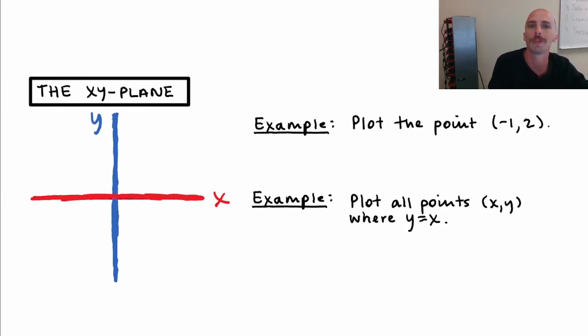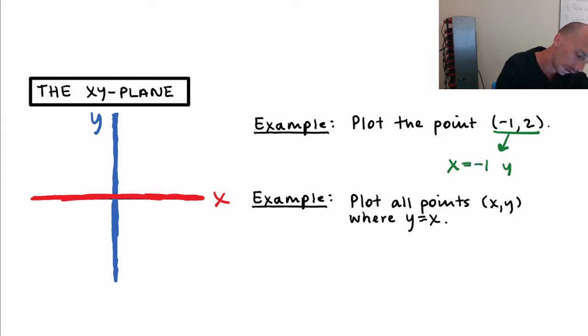The first order of business, we have to plot the point x equals -1 and y equals 2. When we see a coordinate pair like that, that's what it means. It's over here, the point where x equals -1 and y equals 2. We have to decide where -1 is, and it can be anywhere we want, and we don't have a grid. This is our xy plane.